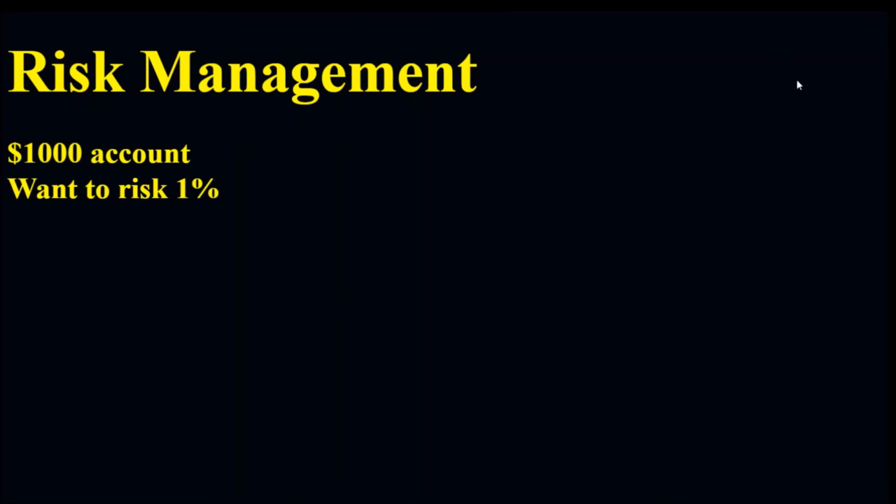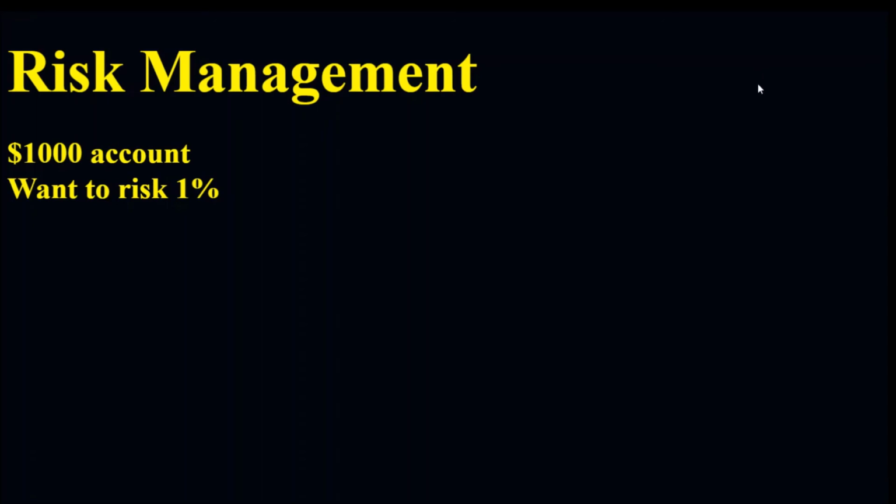All right, so let's say, for example, that you have a $1,000 account and you want to risk 1%. That's actually the amount that I risk on every trade, just 1% of my account, just because that is what I've found to work for me in terms of becoming consistently profitable. Risk management is something that I will go further in depth into, but I just want to present this example to you guys now that we know how to calculate pips and gain and loss.